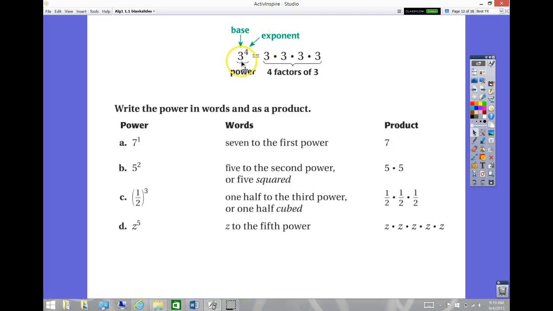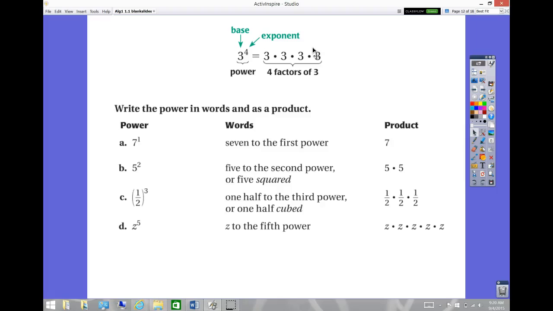And the 3 is what we call the base. The 4 is what's called the exponent. And what it's telling you to do is take the base and multiply it times itself 4 times. Right? That's what it means to have a power. In this case, 3 times 3 times 3 times 3. 4 times you multiply 3, and you see what that equals.